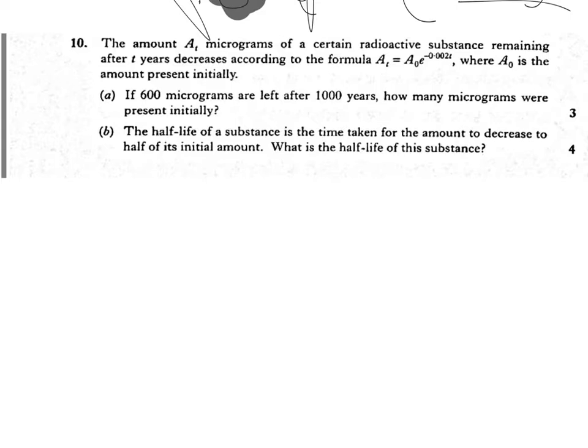So a good way of thinking about this is the half-life. What do we know? We know that the initial amount decreases after a given amount of time to half of the initial amount. So the amount at any given time can now be given by half A naught after the half-life time.